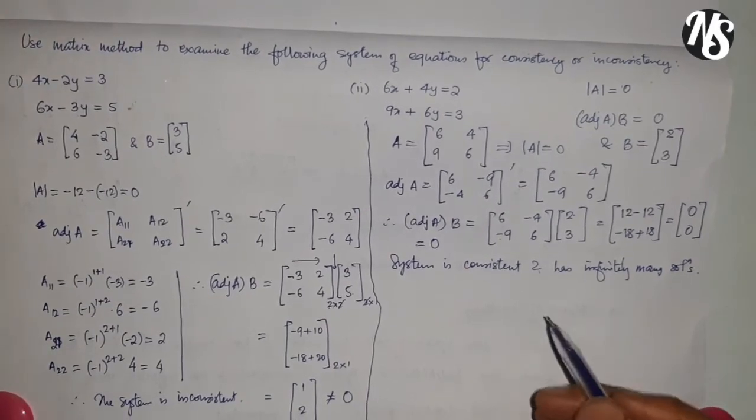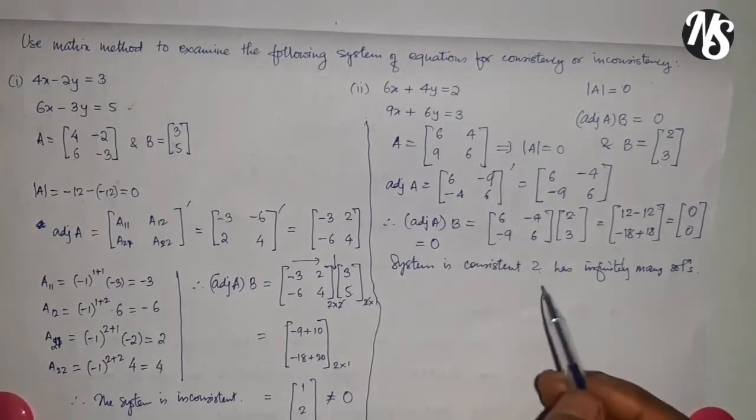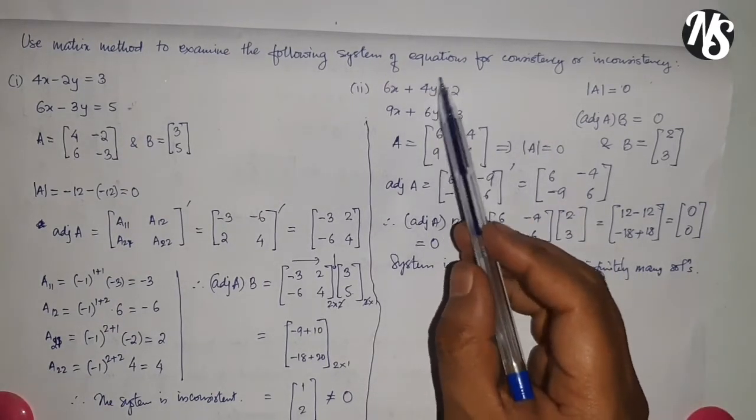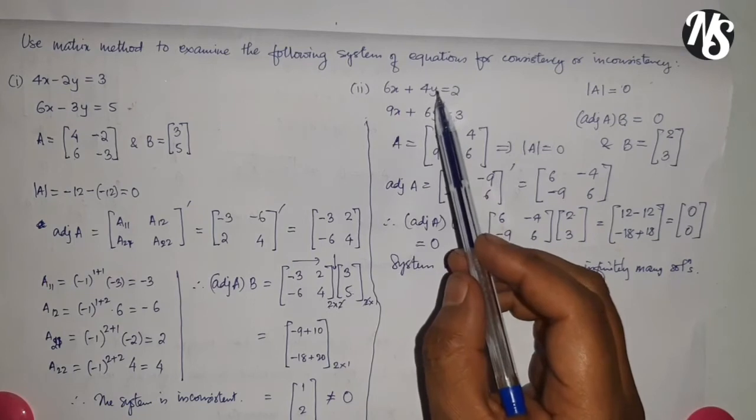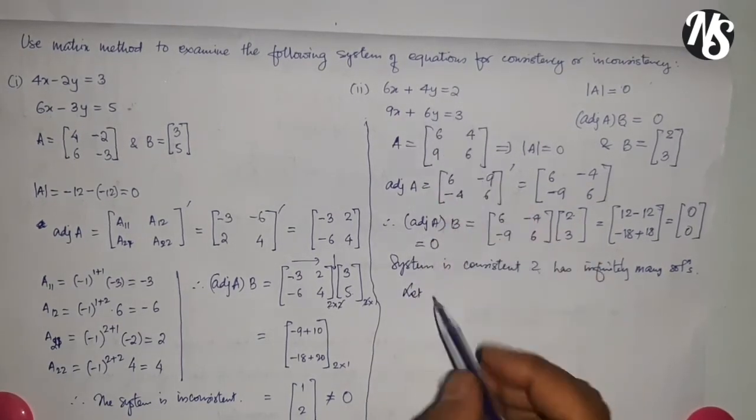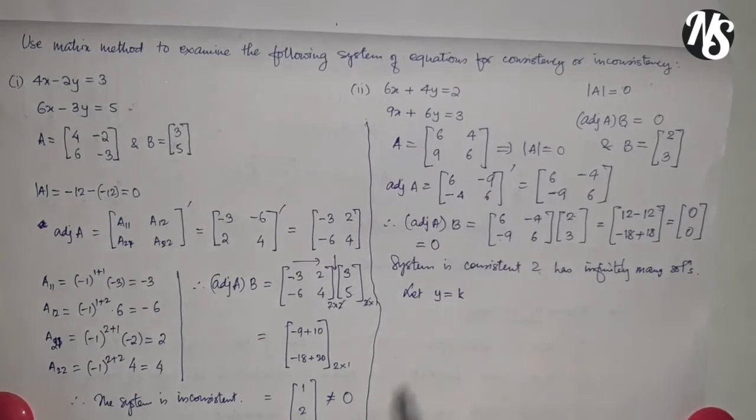Here, in such a case, if you have infinitely many solutions, what you will do is, see here carefully, you take any element. Let me take y to be any number k.